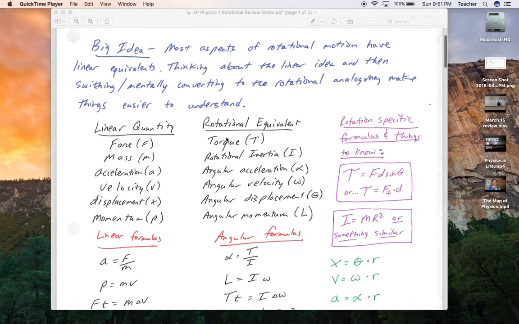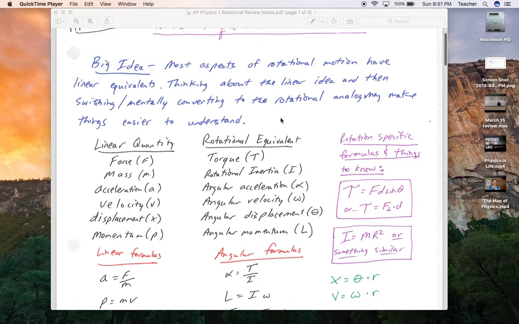I think a big idea behind this whole topic is keeping the idea that anything with rotational motion has a linear analog, meaning a linear quantity that relates to the rotational quantity, a linear equivalent. So I've shown those here. The equivalent for force is torque.